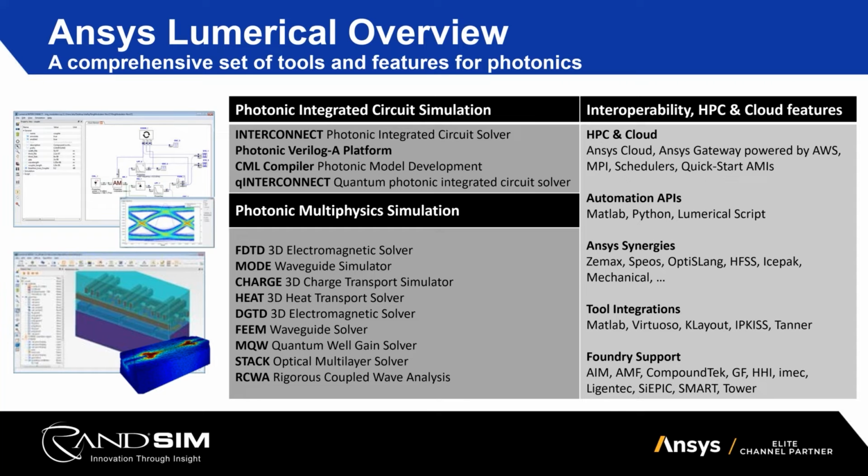On the side of that chart, Lumerical is also a great tool because of its interoperability capabilities. We can use Lumerical with HPC packs, and with APIs such as MATLAB, which is a big one, and it has the Ansys synergies.